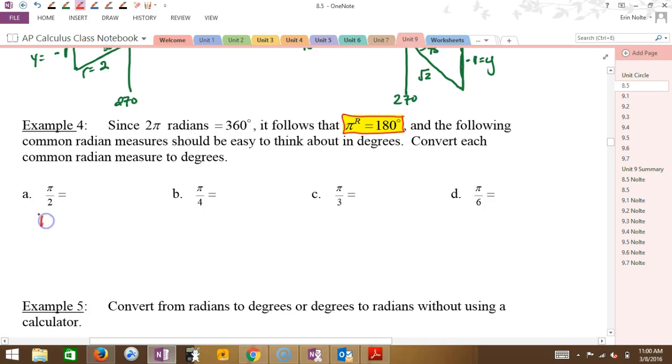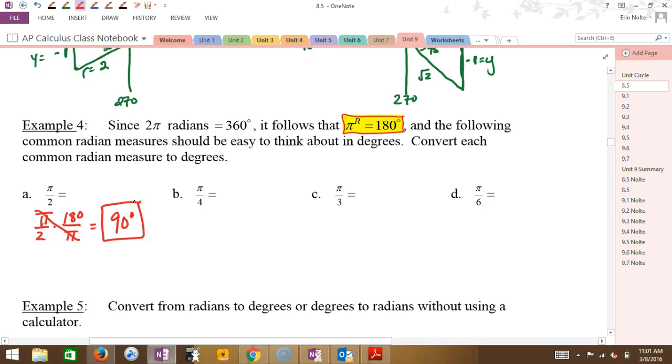If I have pi over 2, I'm going to multiply by 180 over pi. I'm given a radian, so I want to convert it. I want to get rid of the pi, so they cancel out, and we basically have 180 divided by 2, which makes 90 degrees.